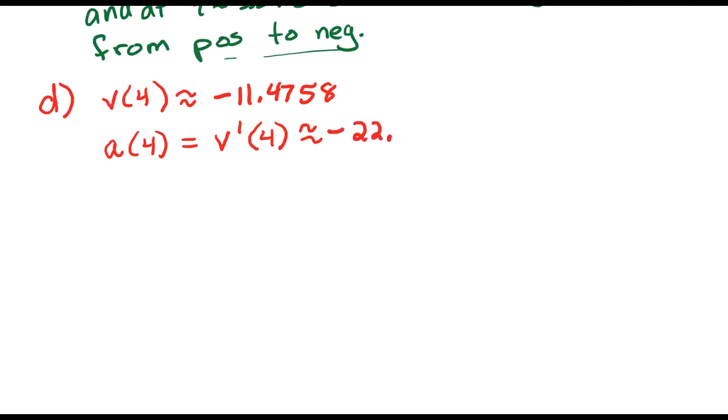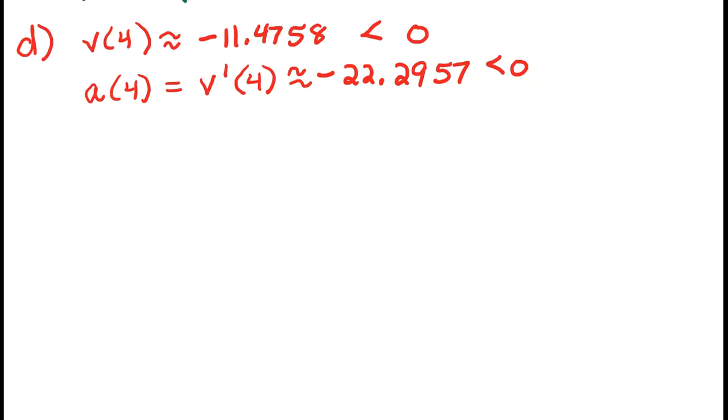Negative 22.296, or 57, however many decimal places you want. And then I might add here that, kind of obvious, they're both less than 0. So since velocity and acceleration both have the same sign, we have our conclusion.